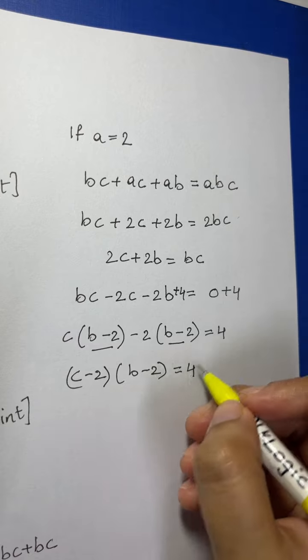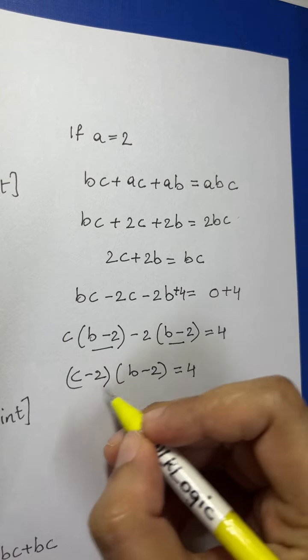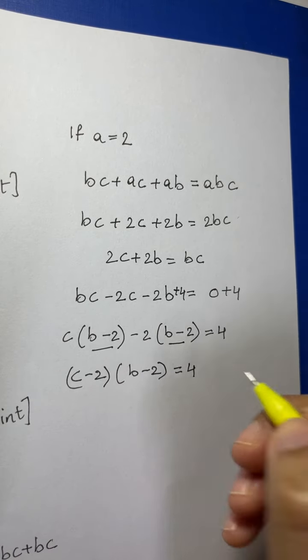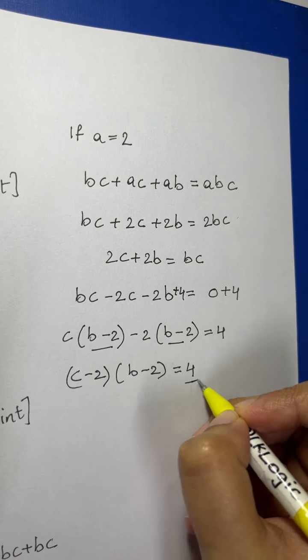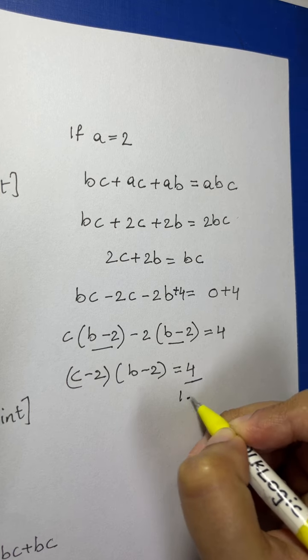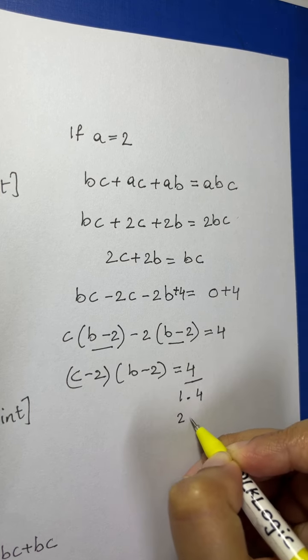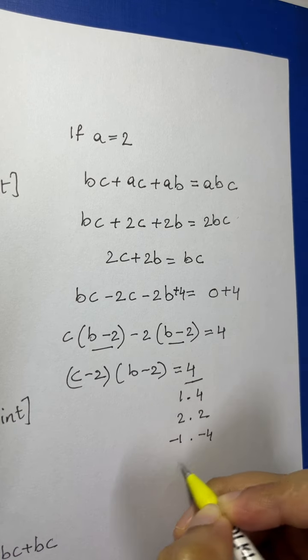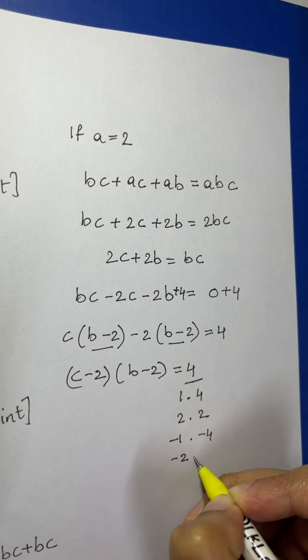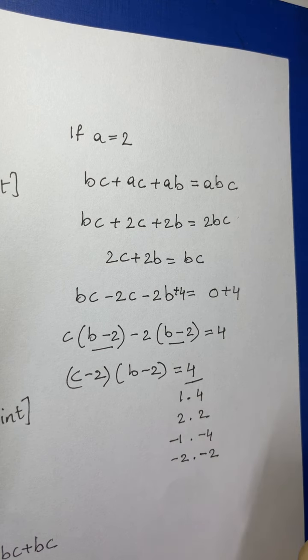As you know, 4 is a product of 2 integers, and B and C are positive integers. So let's write down the factors of 4. You can have 1 times 4, 2 times 2, negative 1 times negative 4, and negative 2 times negative 2.